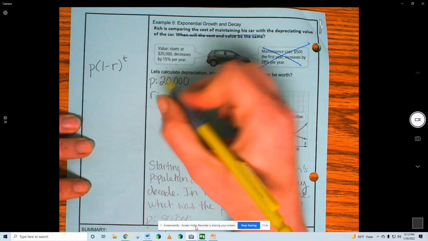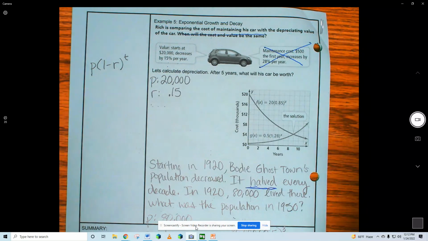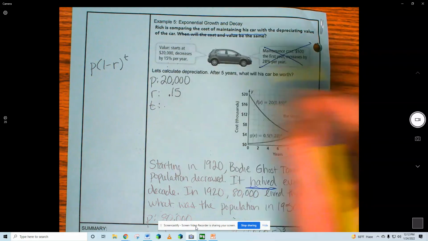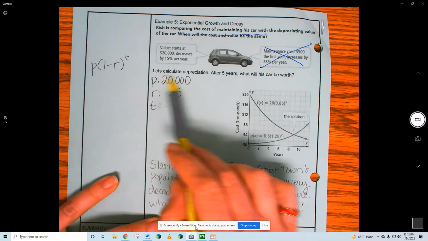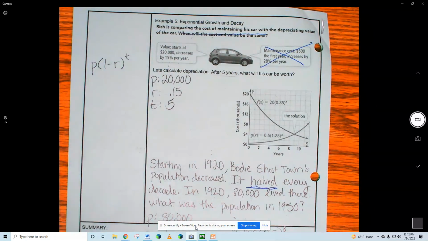My rate is 15%, 0.15. My time is here. Let's calculate depreciation after 5 years. Yeah, question? For the percent, are you always just going to move it two places to the left? Yep.